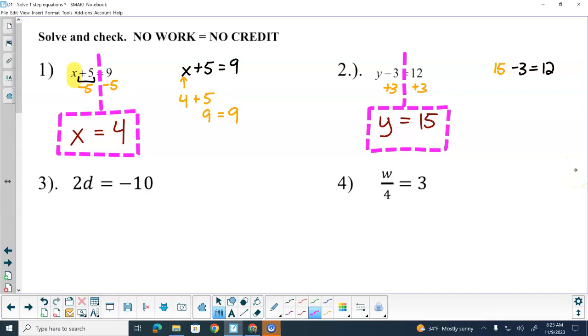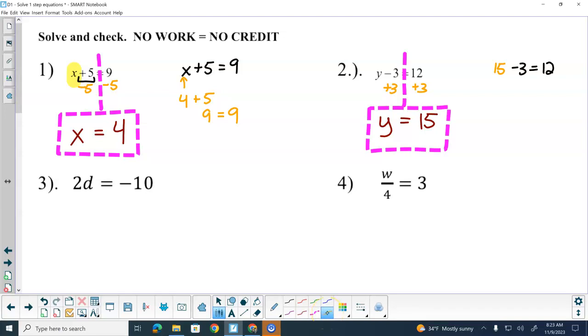Number 3. What's the variable that we need to get by itself? D is the variable. What mathematical operation is being performed on D? Multiplication, right? We're multiplying 2 times D. What's the opposite of multiplication? Division.